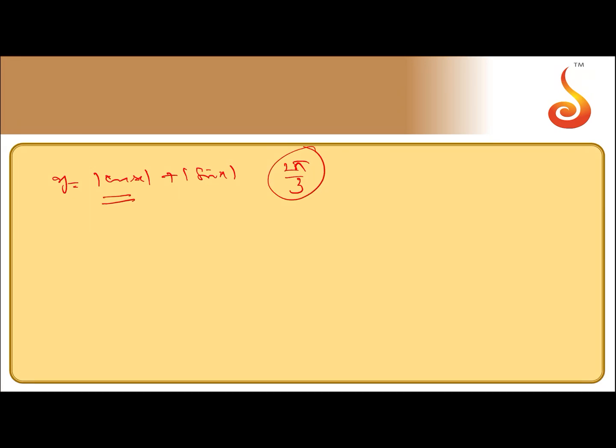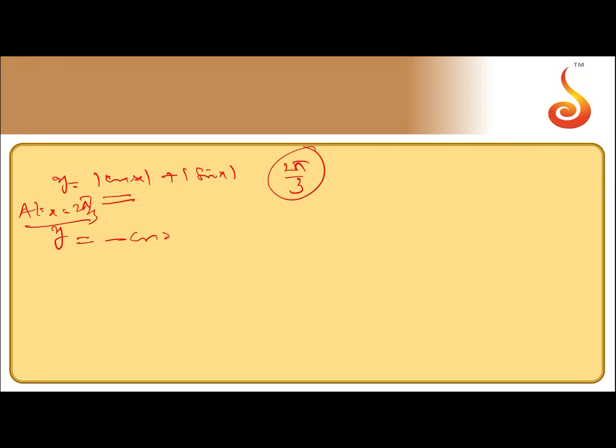But at the point 2 pi by 3, the value of cos x is a negative number, since in the second quadrant cos is negative. So why don't you take left of 2 pi by 3 and right of 2 pi by 3.